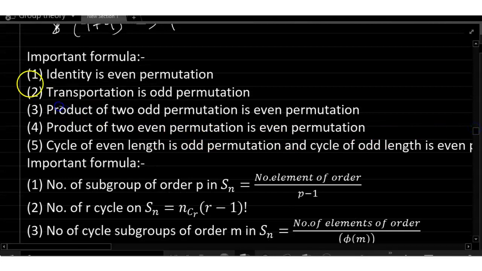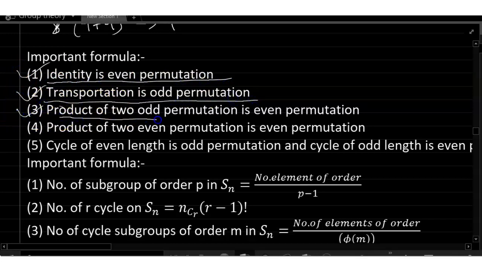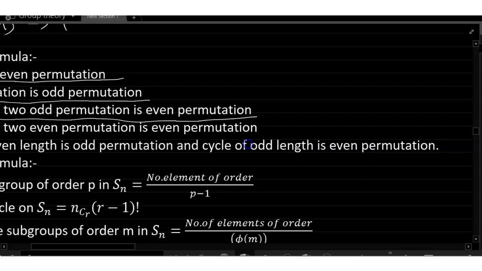So identity is an even permutation, transposition is an odd permutation, product of two odd permutations is an even permutation, product of two even permutations is an even permutation, cycle of even length is an odd permutation, and cycle of odd length is an even permutation.